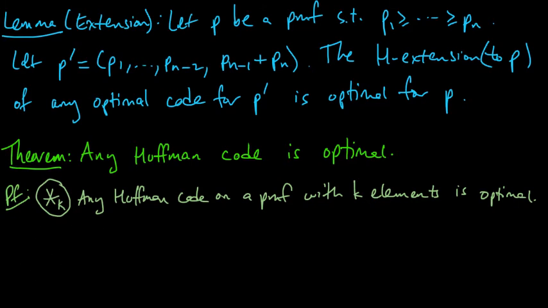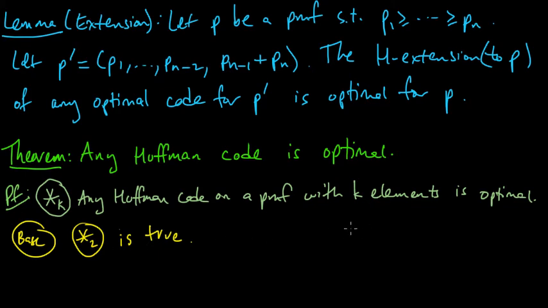The first step when you're doing a proof by induction is the base step. So our base step is that star 2 is true. There's no need to consider star 1, because that would be a one element thing; you're never going to have a code for one element.